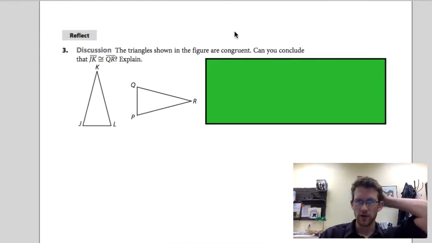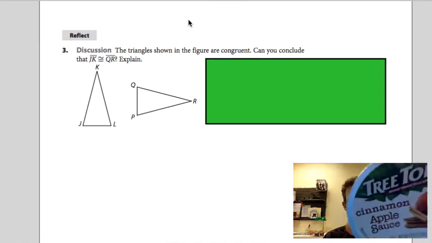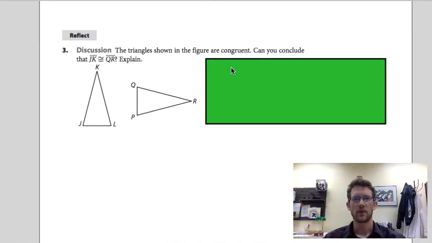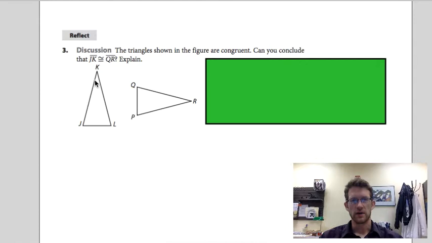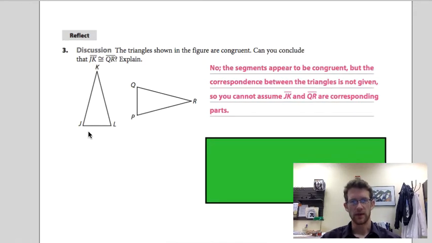The triangles shown in the figure are congruent. Can you conclude that JK is congruent to QR? Explain. So if the two triangles are congruent, we don't necessarily know the corresponding sides, that's the problem. Yes, it looks like they're symmetrical.